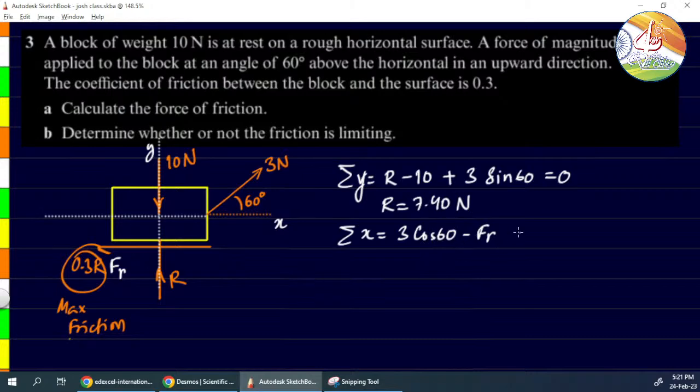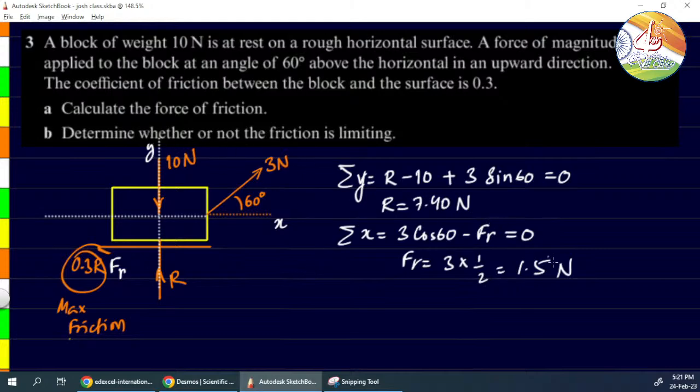These are the only two horizontal components, so FR will be 1 by 2, that is 1.5. So friction force is 1.5. That means if we don't want the box to move, then 1.5 Newton force must be applied in the horizontal direction.